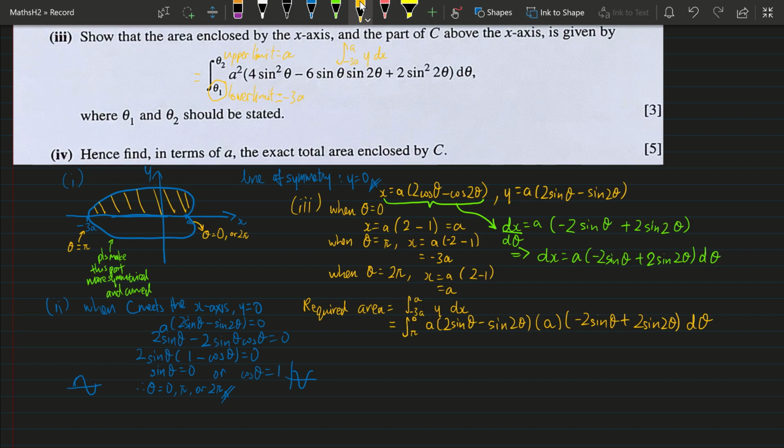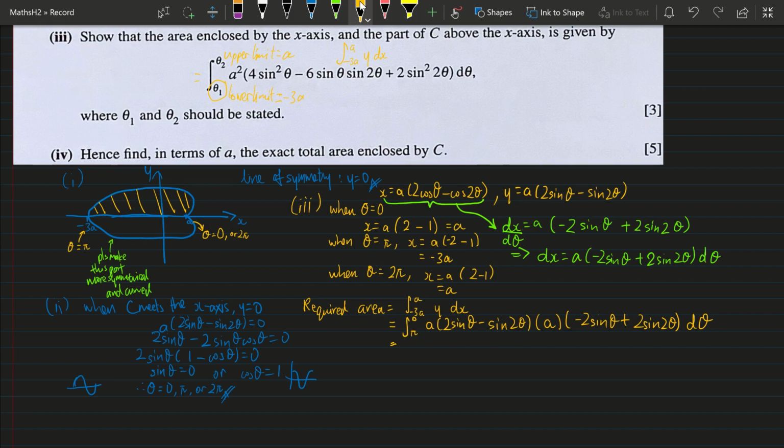So it's quite involved, this algebra here, but I'm sure you guys can do it well, right? Because there's really no shortcut here.